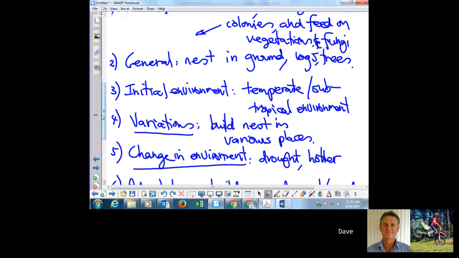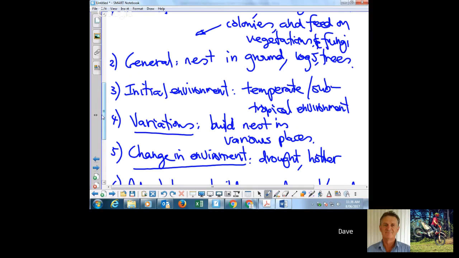So for common features, I've got living alone or in pairs, and then nocturnal. Initial environment, I had that they used to have a large distribution in central and western areas. Still sandy grasslands with only a few select predators.